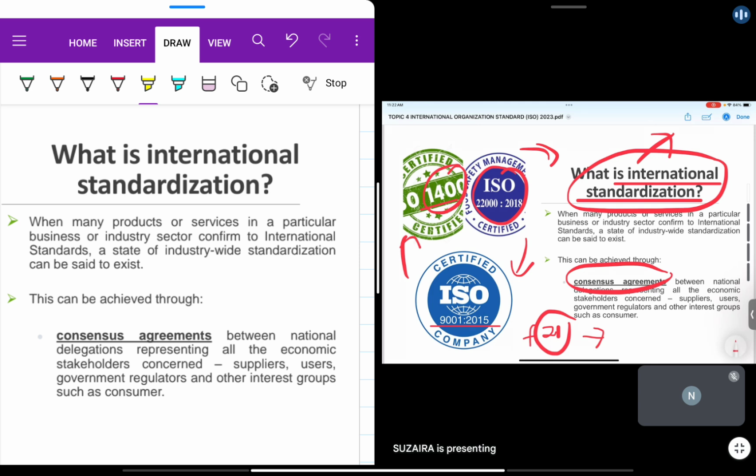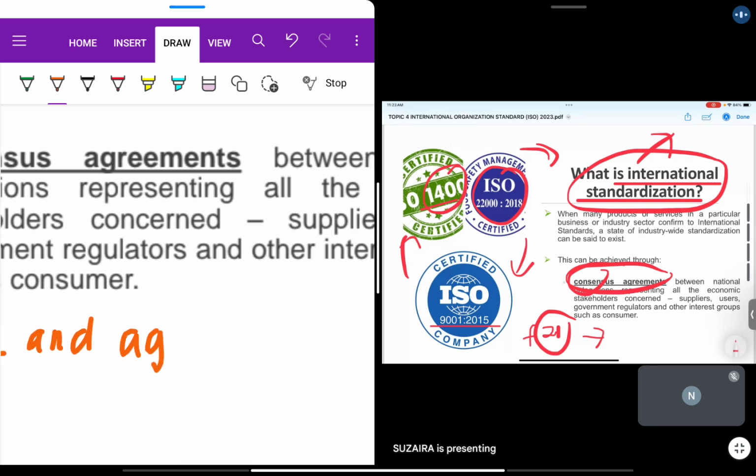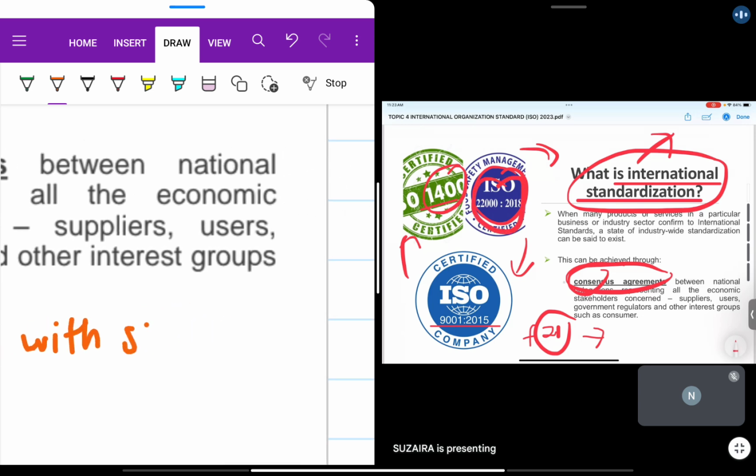So they come and sit together and agree upon something. That agreement is the consensus, creating a new standard and agreeing to that standard. Okay, so that we know that standard can be used by other people. For example, company A and company B use a similar framework and similar reference, like ISO 20000.